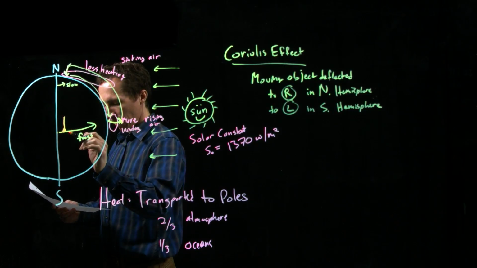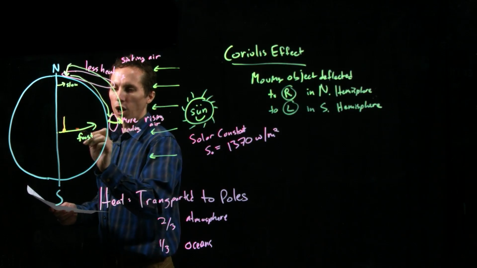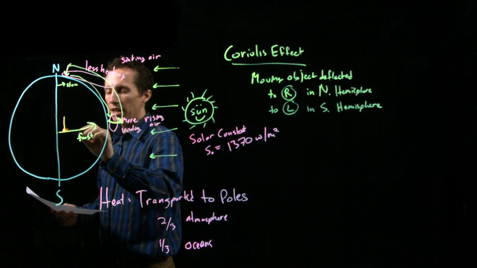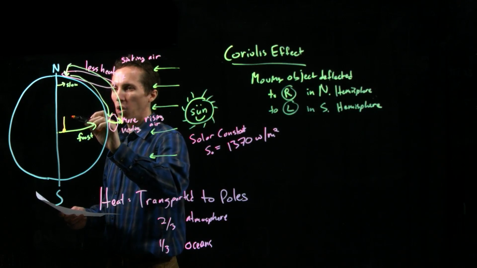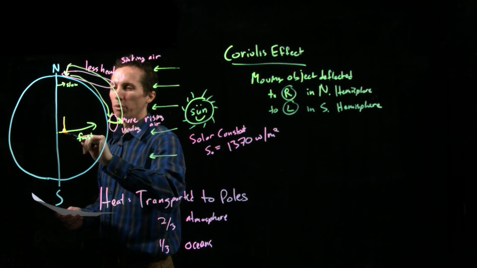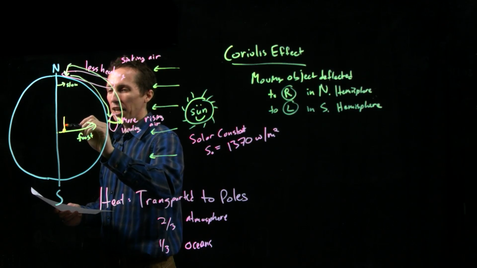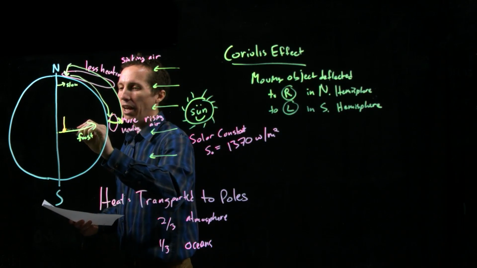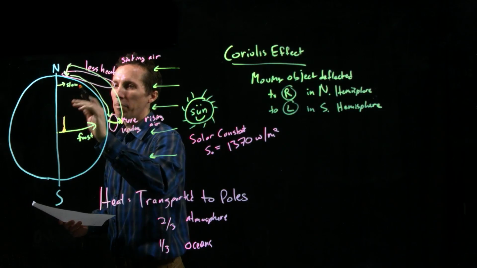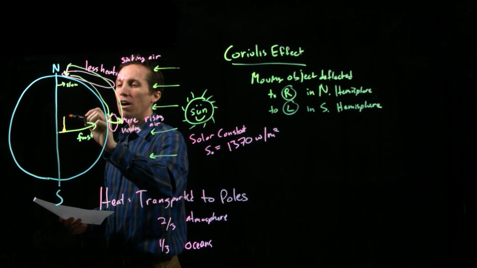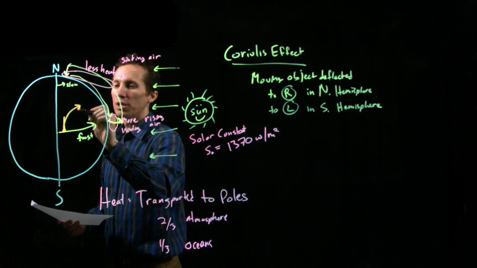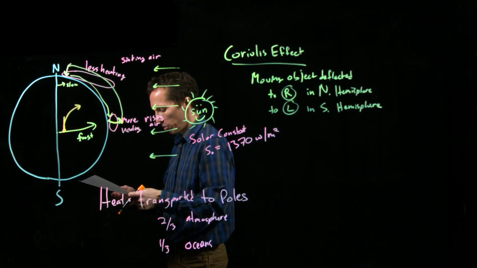Well, it has a component of motion initially due to the fast rotation of the Earth. And as it moves up towards the pole, that rotational motion is slowing down. And so what happens is it has to conserve angular momentum. And as a result, it speeds up in the direction of the rotation, in order to maintain that angular momentum.